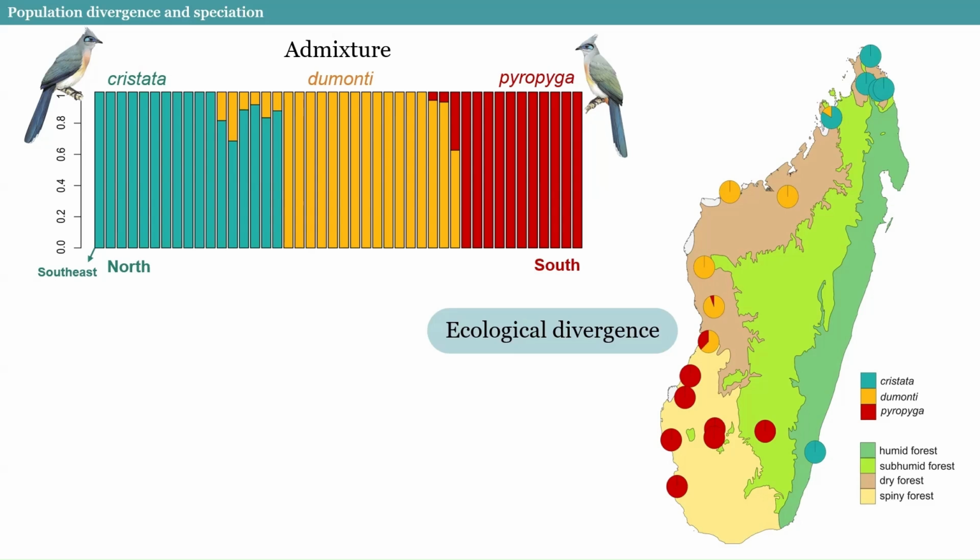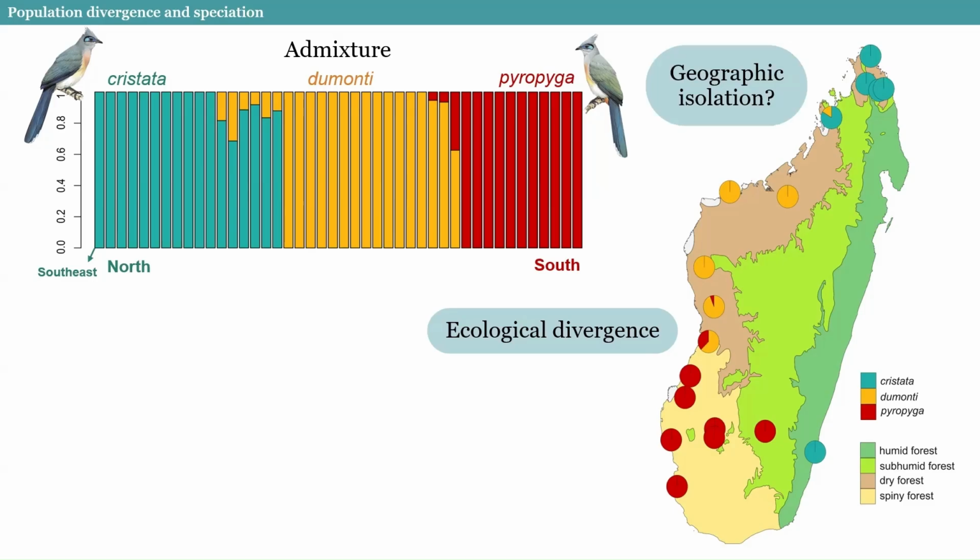And if you look at photographs from that area, you can see individuals that look intermediate. And so the introgression is occurring here. It seems like this could be consistent with ecological divergence. It certainly is aligning with those biome boundaries.